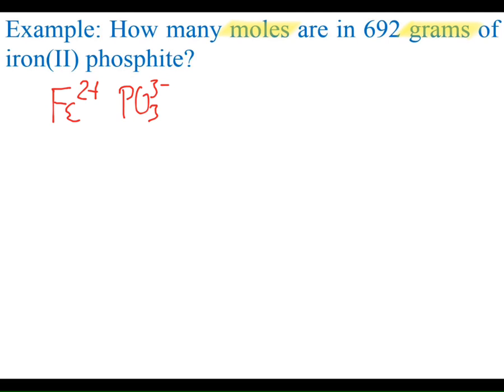So what would iron 2 phosphate be? What's the formula? Fe3, parentheses, PO3, parentheses 2. There you go. Okay, so add that up. Add up 3 irons, 2 phosphorus, 6 oxygens.